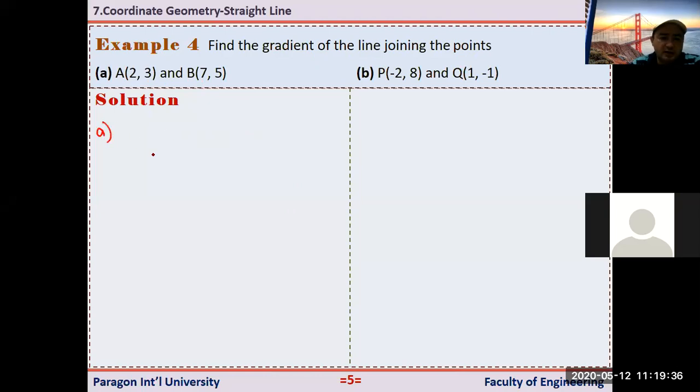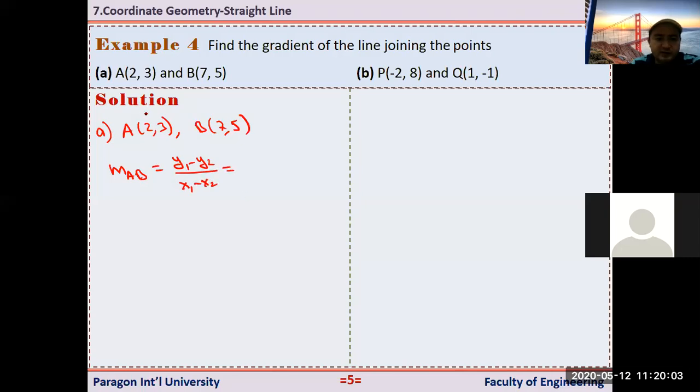So in question A, we are given 2 points, right? A is (2, 3), and B is (7, 5). So how do you evaluate the gradient of the line that passes through these 2 points? Just using the formula, y1 minus y2 over x1 minus x2.